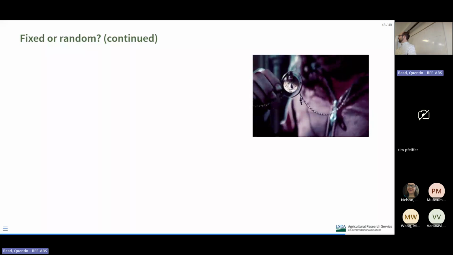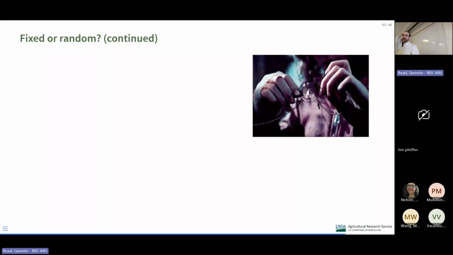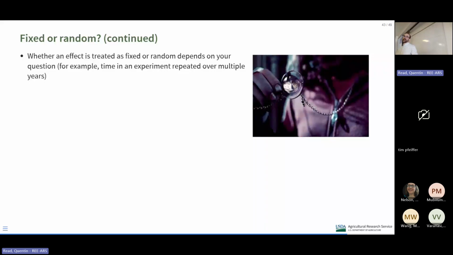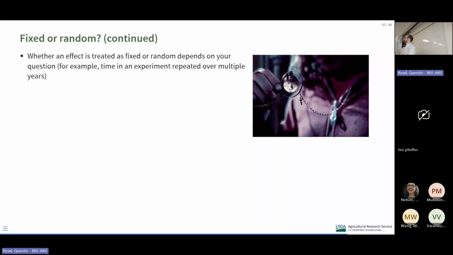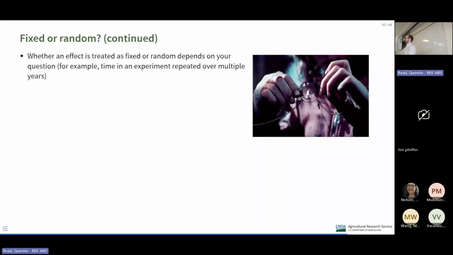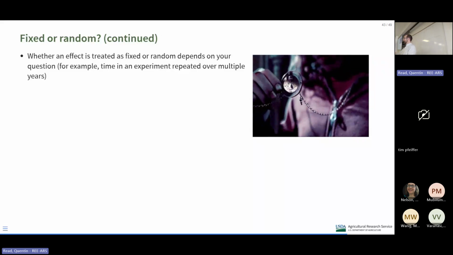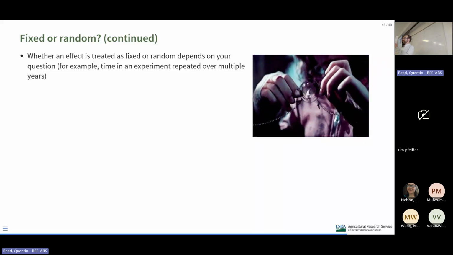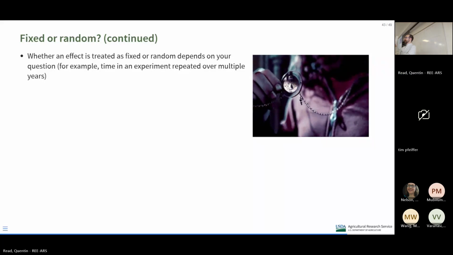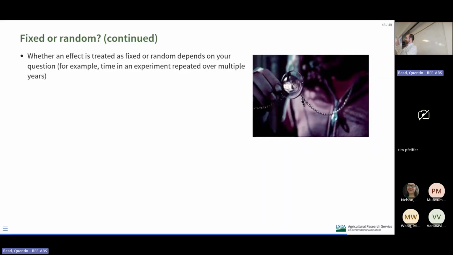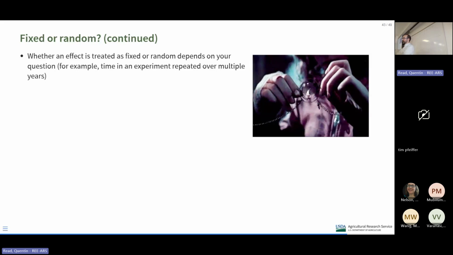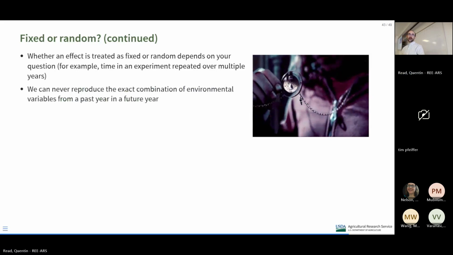People often ask me, should I set time as a fixed or random effect? And that depends on your question. If you are actually trying to look at trends over time and compare one time to another, time should be a fixed effect, because this is not a random population of times you could have used. You're specifically concerned with a trend over time.